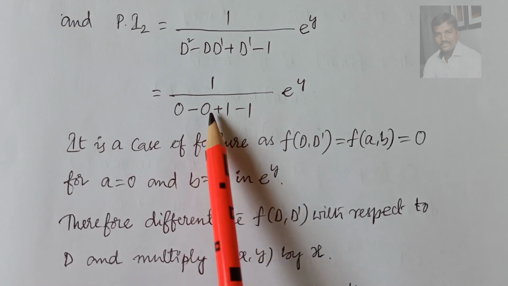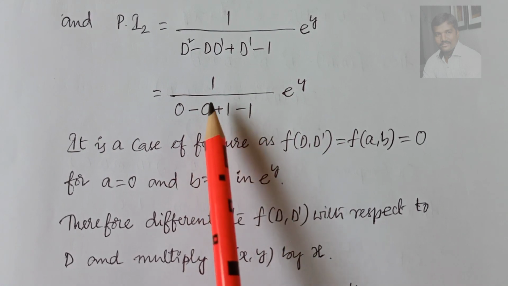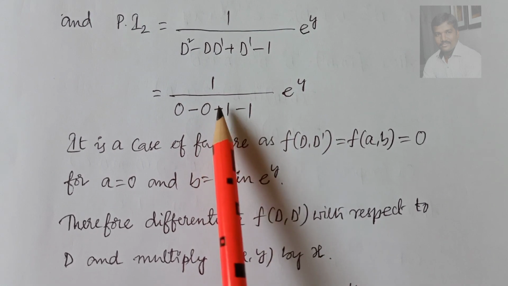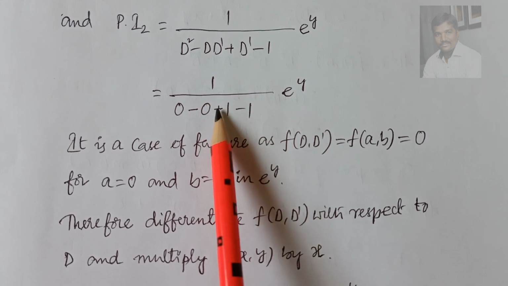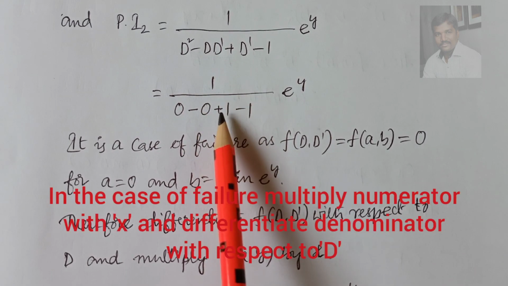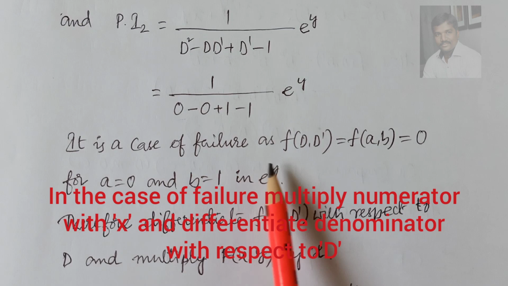By putting that, I am getting 1 by 0. The denominator f(D, D′), that is f(a, b), is 0 for a equal to 0 and b equal to 1, so it is a case of failure.